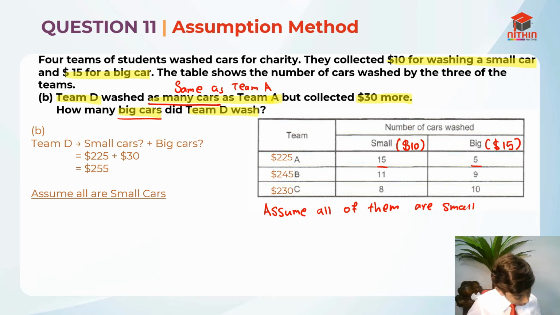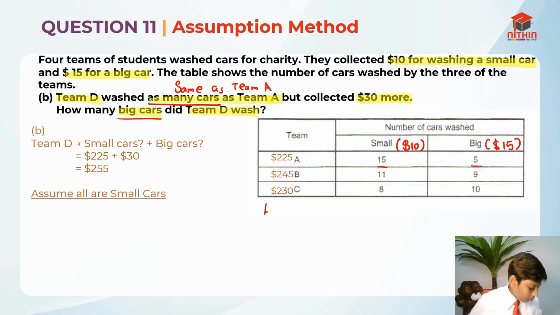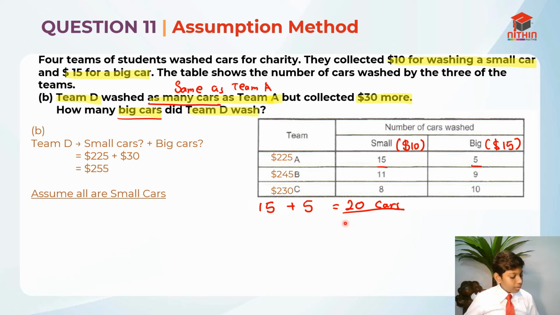Let me write 15 plus 5 equals 20 cars. So when we assume all are small cars, they are basically 20 small cars times $10, which will give us $200.